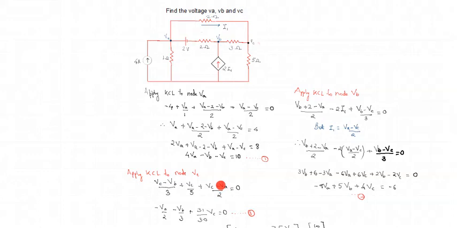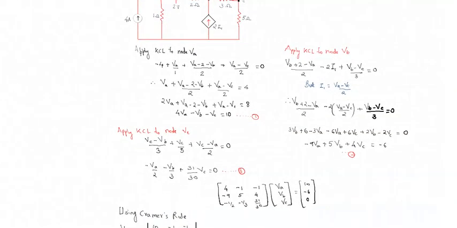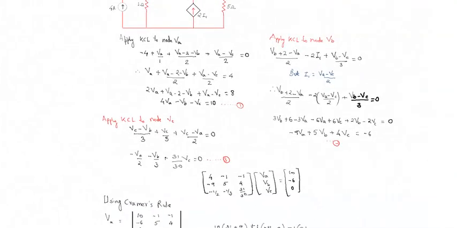The sum of all these is equal to 0, right? When you simplify this, you get one more equation in your set, which is again a function of VA, VB and VC. We'll call this equation number 3. So the 3 node voltages we formulated have given us 3 different equations which are functions of VA, VB and VC.